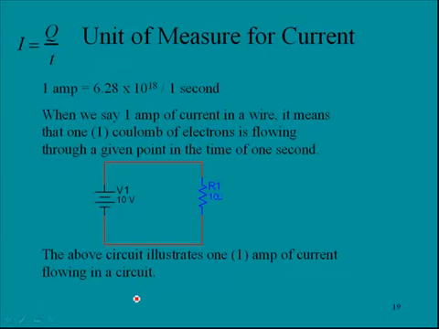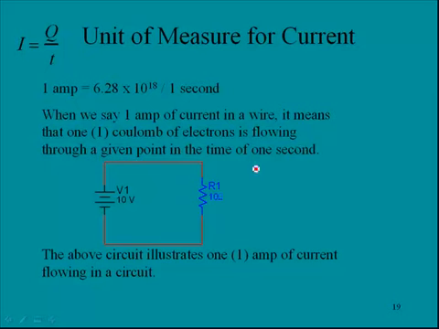And so here we have a little more discussion about the unit of measure for current. We say that 1 amp equals, using the formula we just talked about, Q over 1 second. When we say 1 amp of current in a wire, it means that 1 coulomb of electrons is flowing through a given point in the time of 1 second.